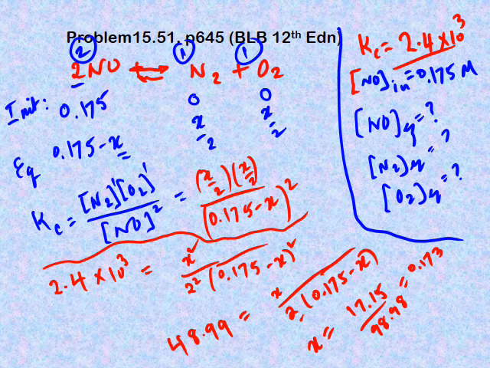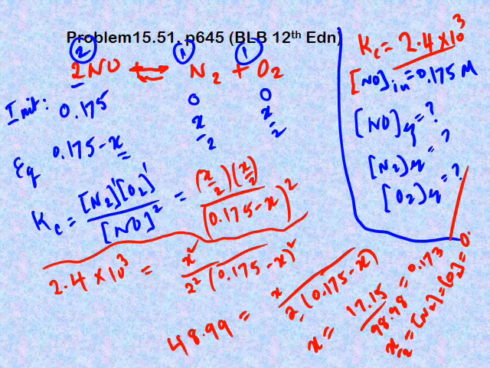Now x over 2, which is the concentration due to nitrogen and oxygen, so that's the value of nitrogen equals oxygen equals 0.087. That's what I got after rounding off, 0.087. So that's the value for nitrogen and oxygen.